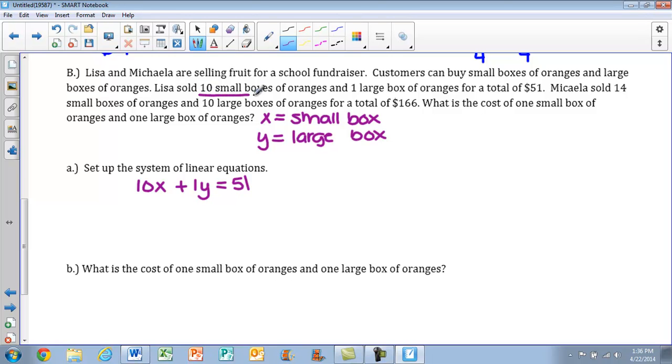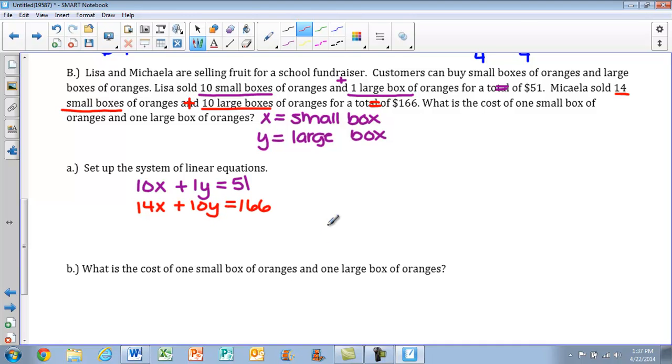So 10x plus 1y is equal to our $51. Then for our second one, it says that Michaela sold 14 small boxes, so 14x plus, with our and there, 10 large boxes, 10y, equals $166.